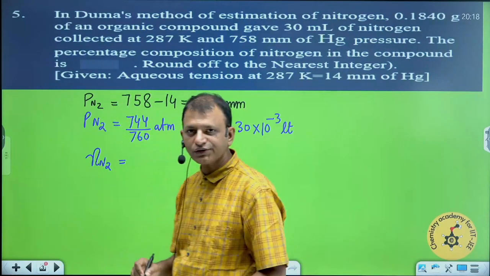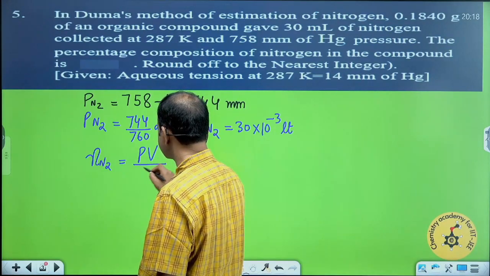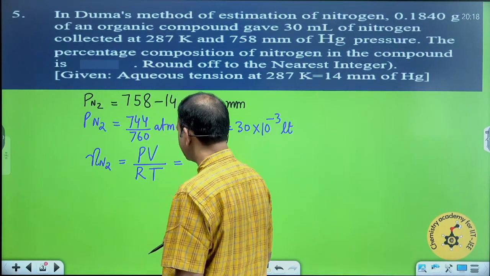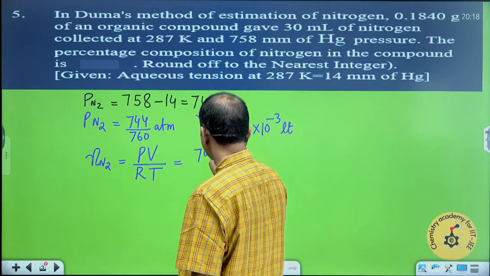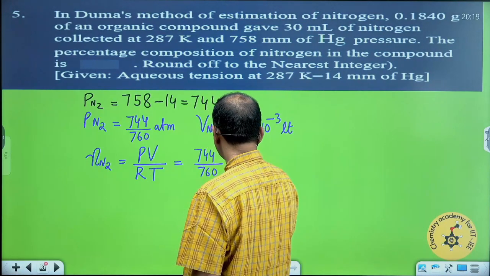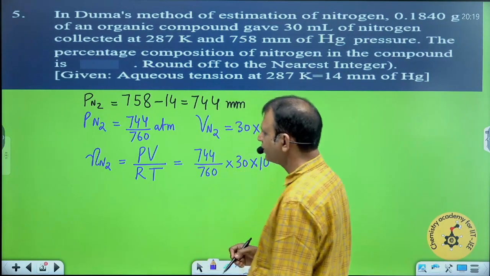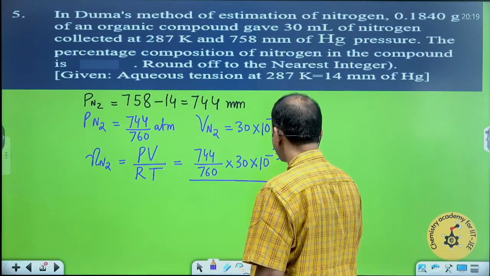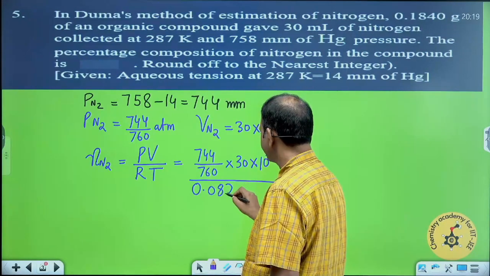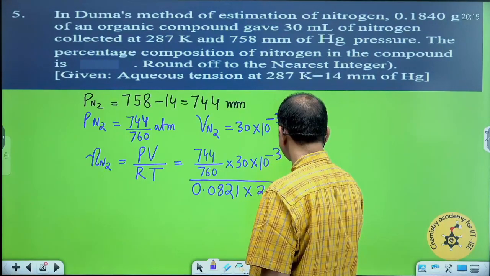So the number of moles of nitrogen gas is equal to pressure of nitrogen gas into volume of nitrogen gas upon R into T. When we put the pressure of nitrogen gas in atm, which is 744 divided by 760, and the volume in liter, which is 30 into 10 to the power minus 3, and divide this whole thing by R, we have to put the value of R as 0.0821, and the temperature is given, 287 Kelvin.